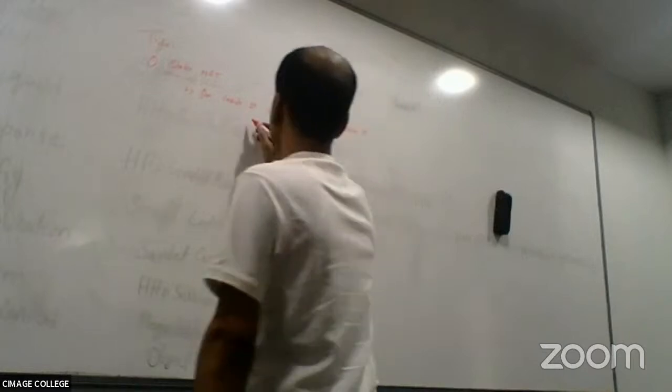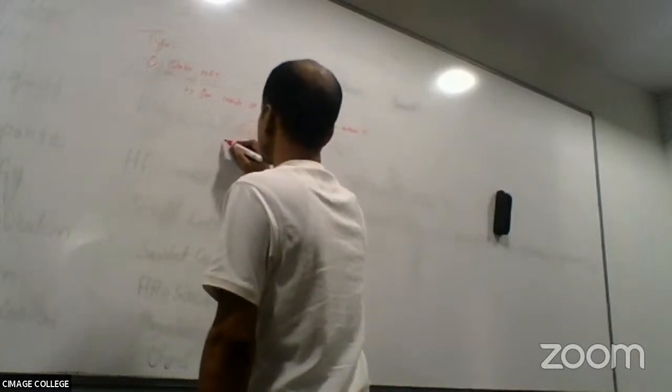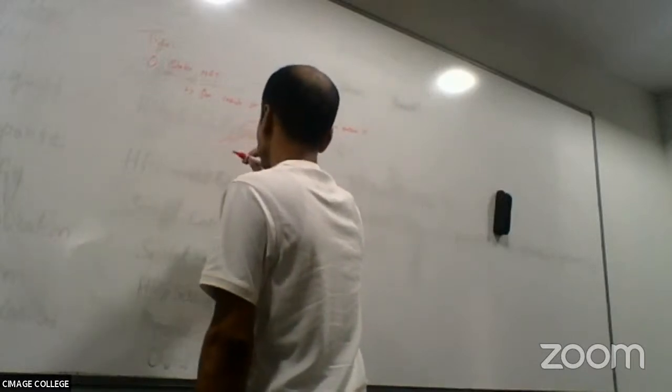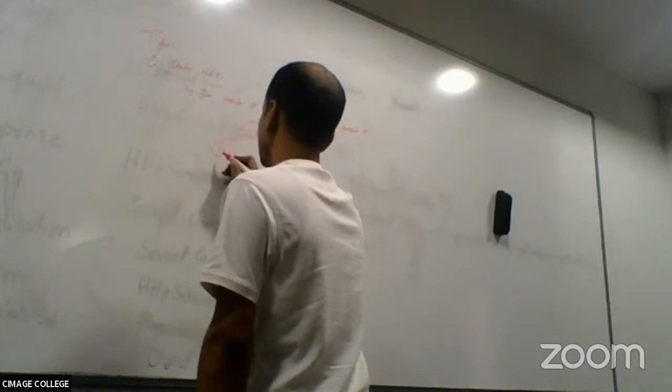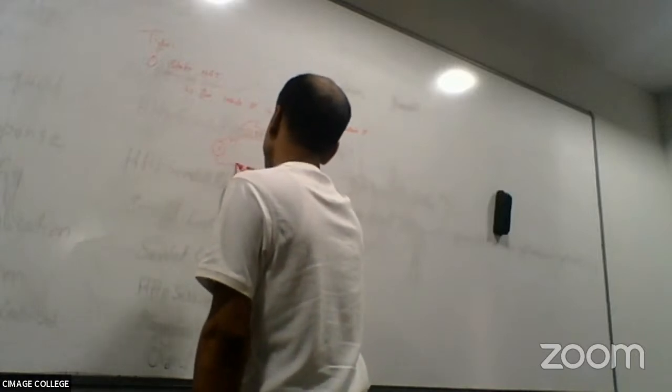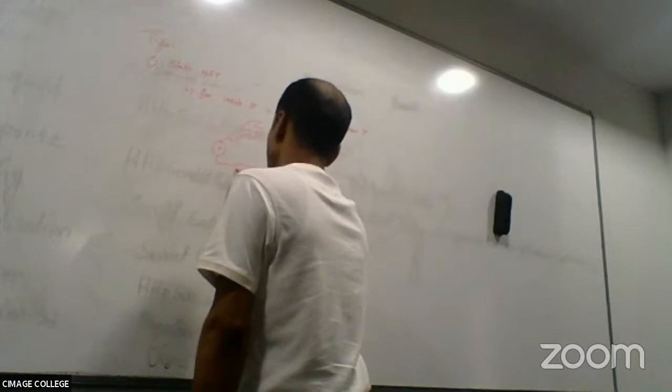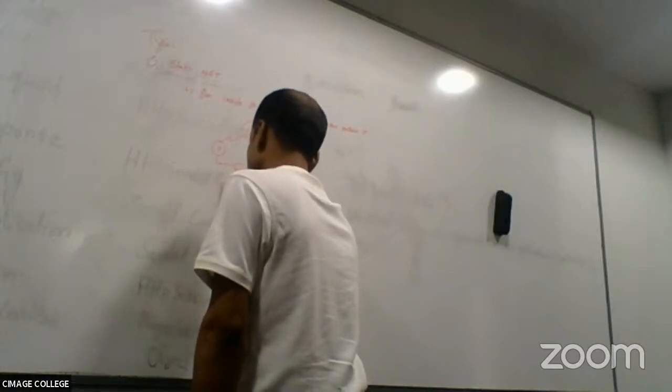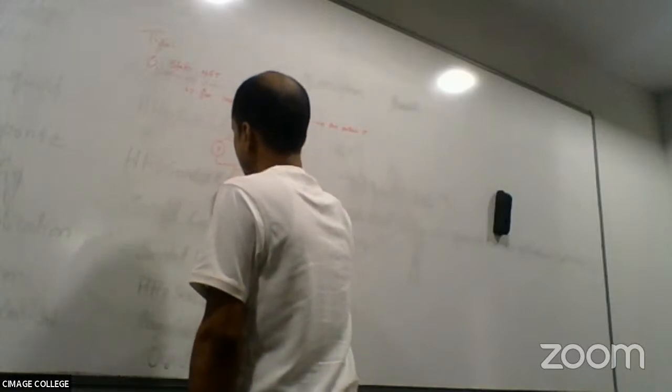Suppose there is a connection. I'm just drawing a small picture. This is the router. This is your local network. In this network, this is a server machine.